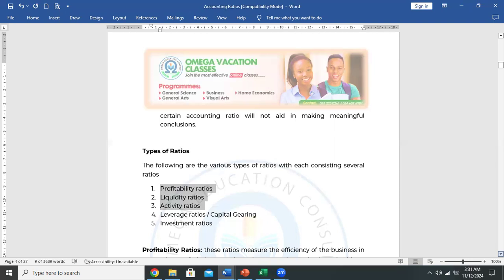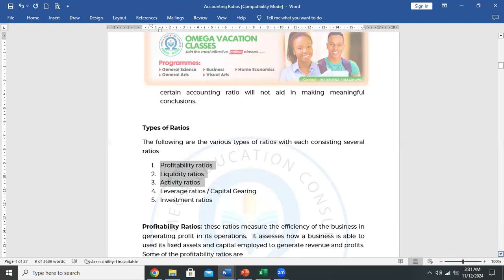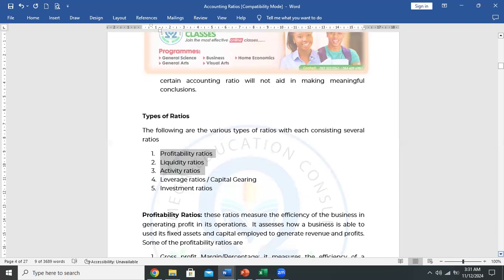So the essence of these ratios is to measure the efficiency of the business in its profit generating operations. It assesses how a business is able to use its fixed assets and capital to generate profit or revenue. So I think that settles the issue there.